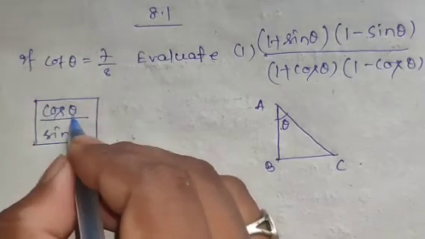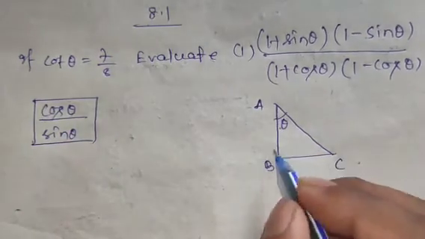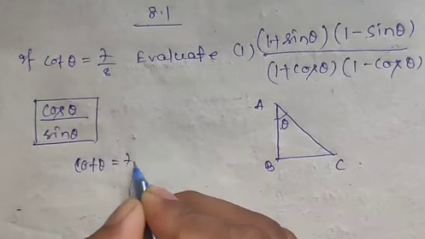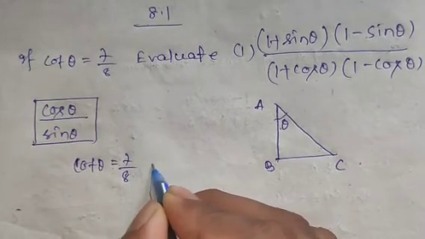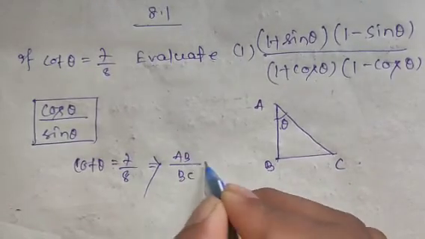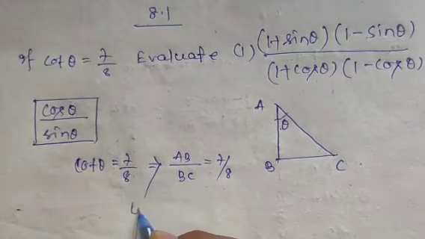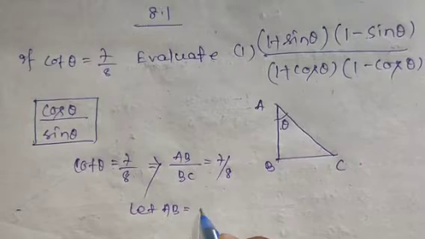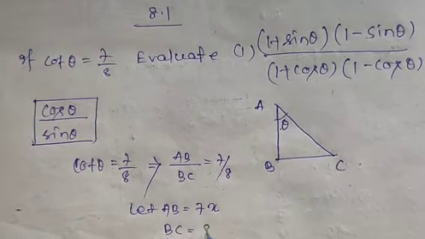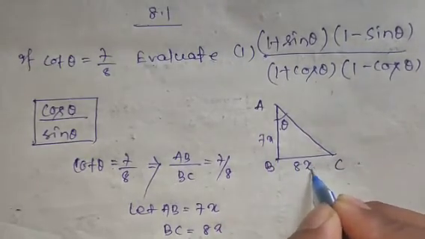We will consider cos theta is equal to b by p. So here b is AB. So here cot theta is equal to 7 by 8. This implies AB by BC is equal to 7 by 8. So from here we can take, let AB is equal to 7x and BC as 8x. So this is 7x, this is 8x.